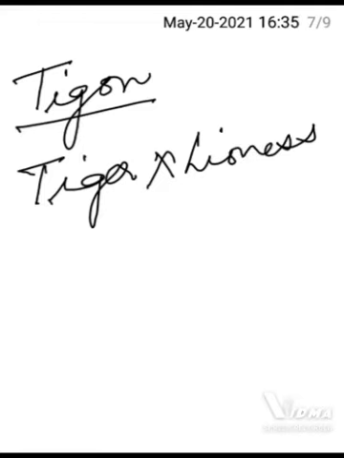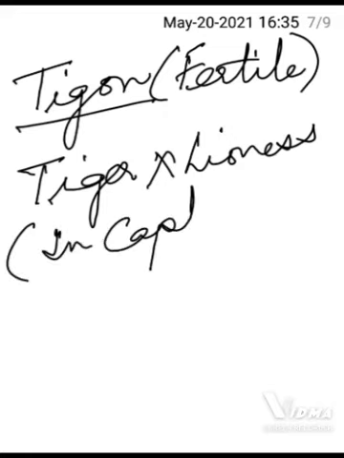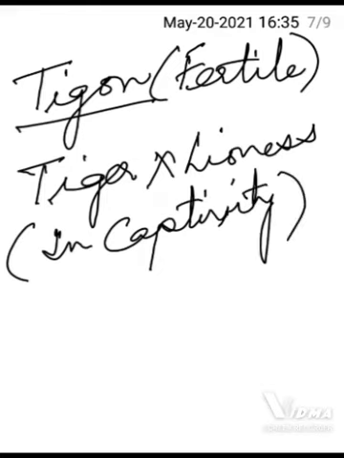Now this Tigon is fertile, but the thing is that this mating is done in captivity, or we can say not mating, there is artificial insemination, that is the sperms from the tiger are entered into the lioness vagina to produce this animal Tigon, which is fertile.